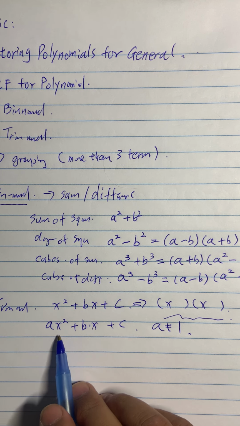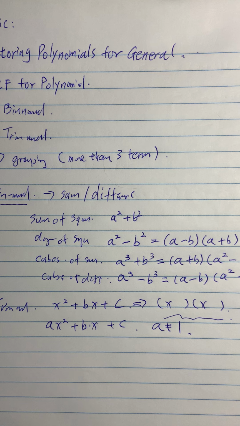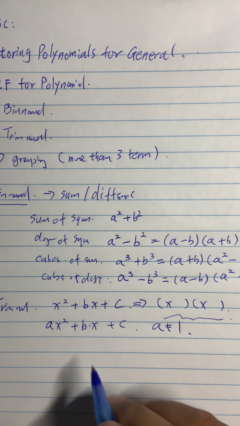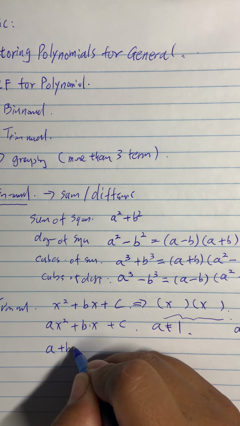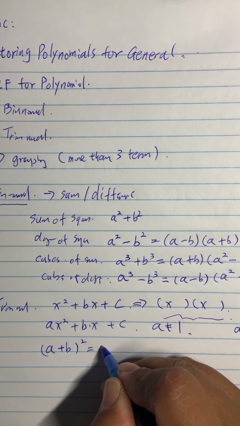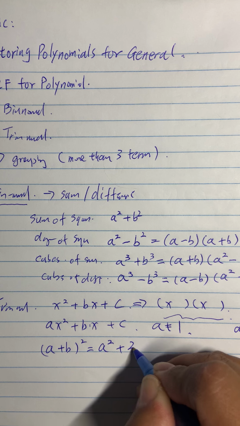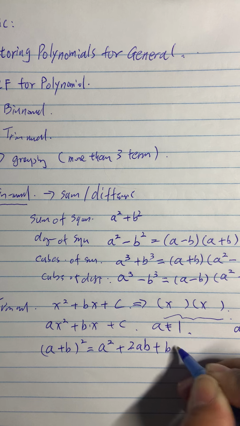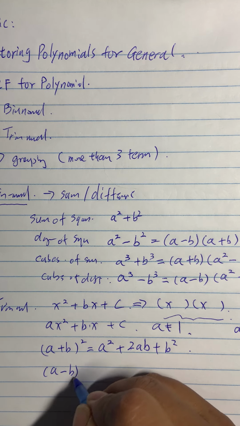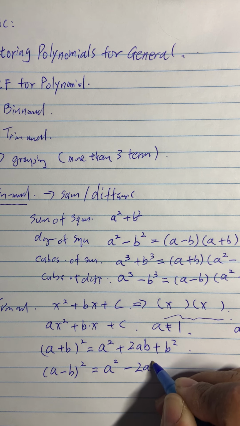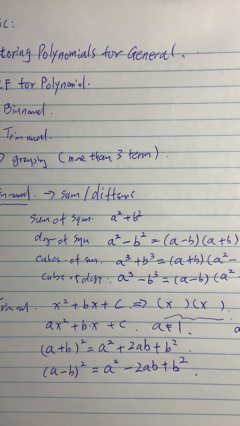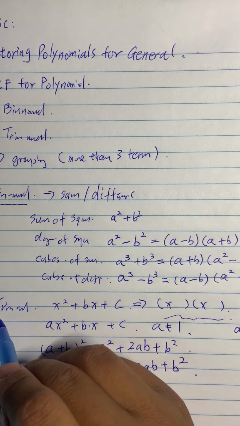So if you see a function like this one, we must use a times c. And there is the perfect square: a plus b squared, the sum, equals a squared plus 2 times a times b plus b squared, or a minus b squared, the difference, equals a squared minus 2 times a times b plus b squared. This is for the trinomial.